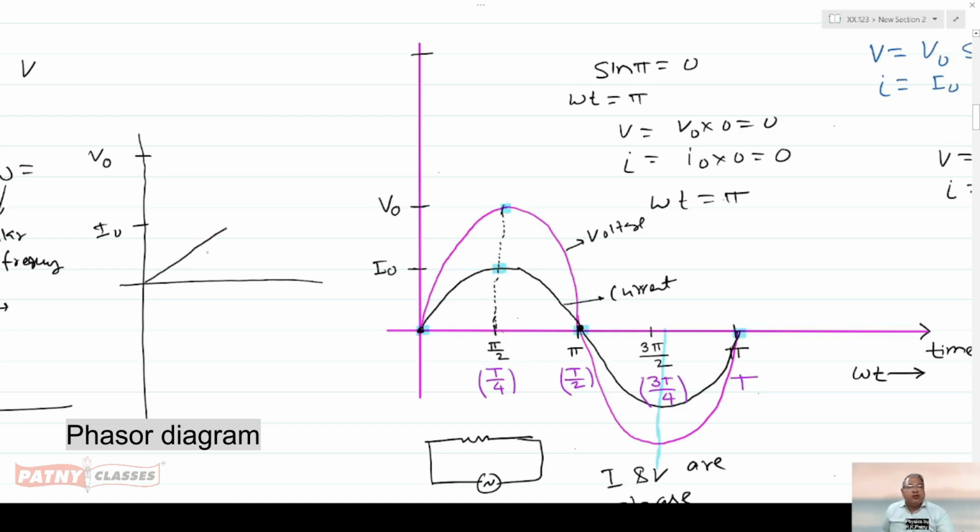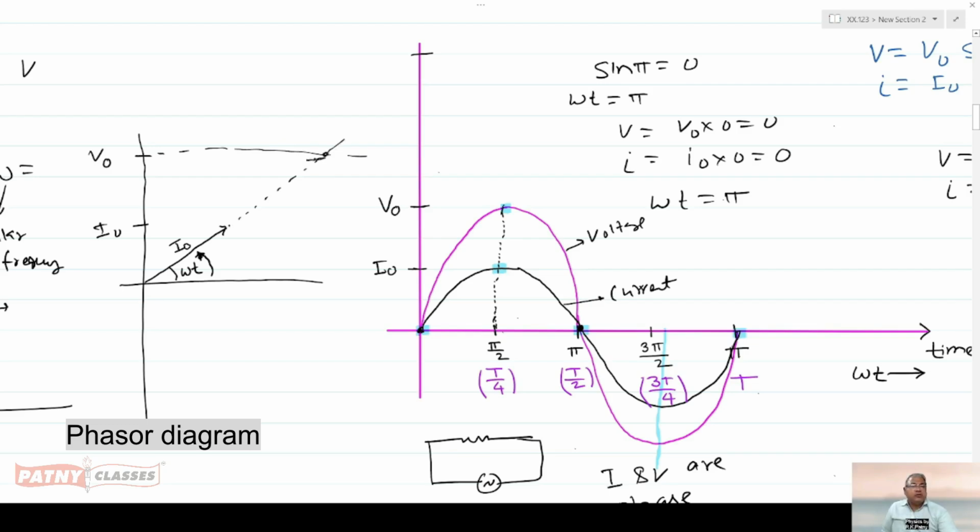So I have drawn this, the vector for current, and this angle is omega t in the anti-clockwise direction. We take the angle in the anti-clockwise direction, and this vector stands for current. Therefore, it is called the phasor of current. Now we draw the phasor, the vector for voltage. The peak value here is V naught, and we extend this line till it cuts the horizontal line of V naught.